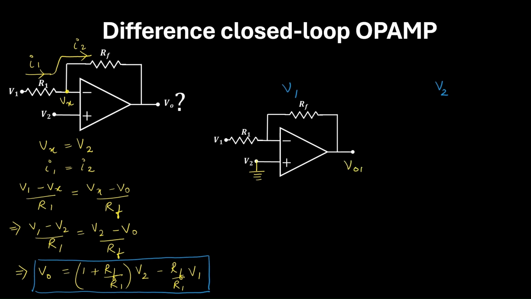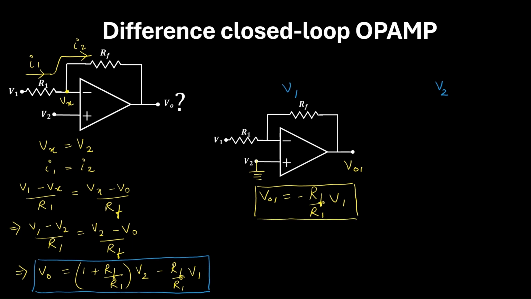So V01 is the output when V2 is grounded. If you see, this circuit is a closed loop inverting op-amp. So V01 will be equal to minus RF by R1 into V1. So this is the output.